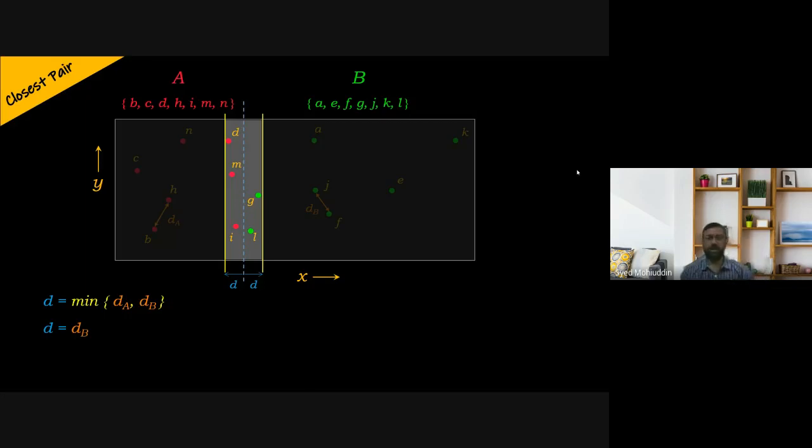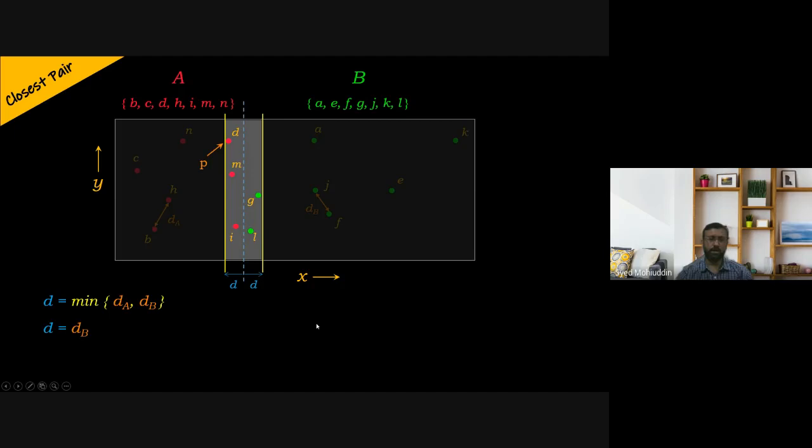The third case is that one point of the closest pair can be in partition A, and the other point of the closest pair can be in partition B. Using the dividing approach, we have found the closest pair in A and in B. Now we are trying to find if there exists a closest pair whose one point is in partition A and the other point is in partition B. So now we are only left with these points.